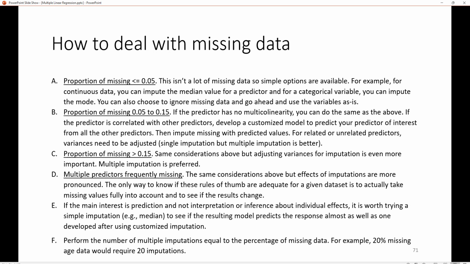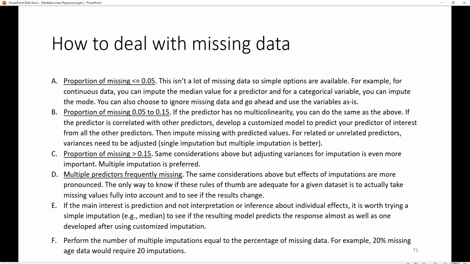And if you do have some multicollinearity, then you're going to want to do something we call imputation, and that could be what we're going to call single or multiple imputation. We'll cover that in the actual case studies, but we're going to start to use our other data to try to predict those missing values.